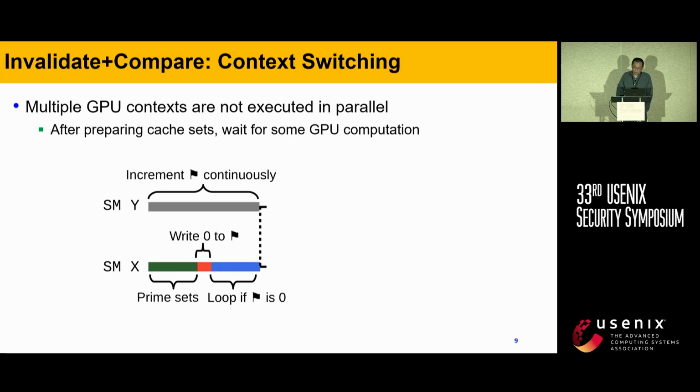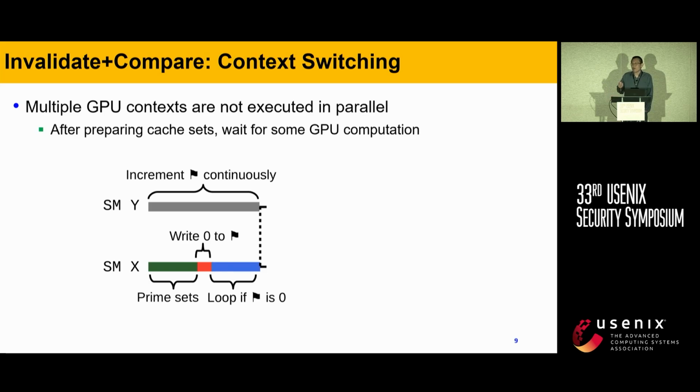Our solution to this problem is built on several L1 cache properties. We dedicate an SM to continuously incrementing a flag variable. Since L1 is write-through, it will continuously update L2. For other SMs, after they prime the cache sets, they write 0 to the flag variable and then repeatedly check it until the flag becomes non-zero.